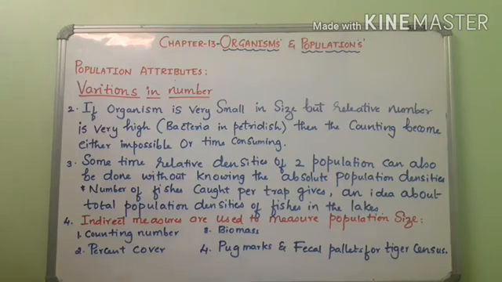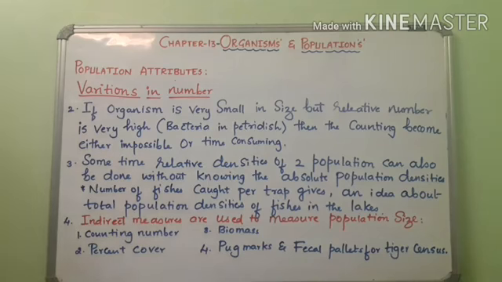For example, in a single trap we get 50 cichlid fishes, and in a single trap we get only 5 green sunfish.